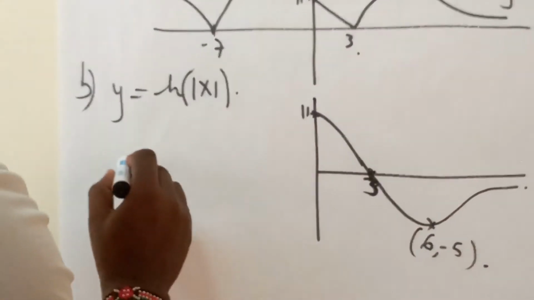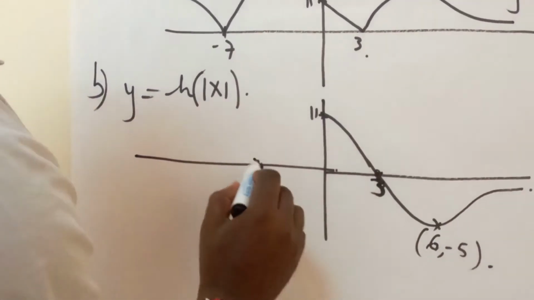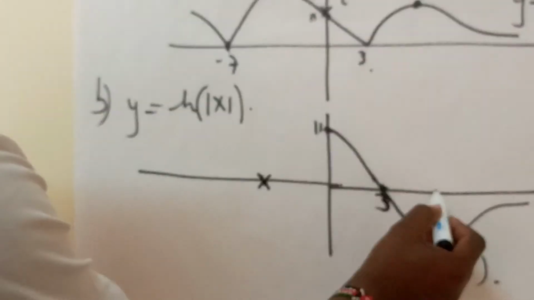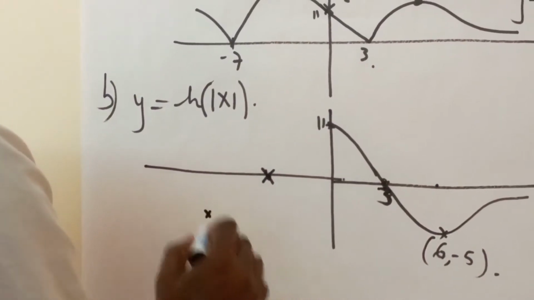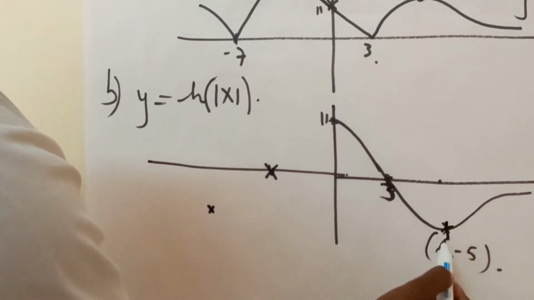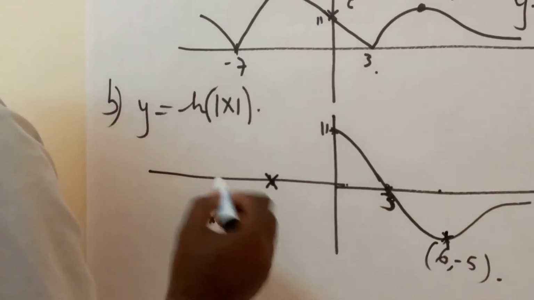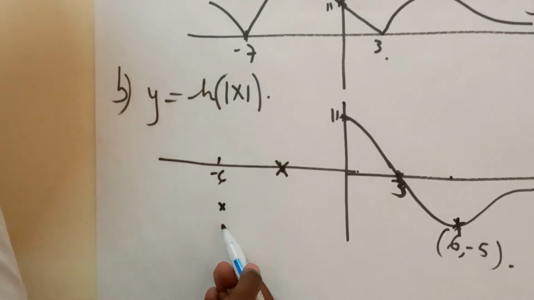If x happens to be negative 3, the value of y should not change. If x happens to be 6, the value of y is negative 5. If x happens to be negative 6, the value of y should not change.